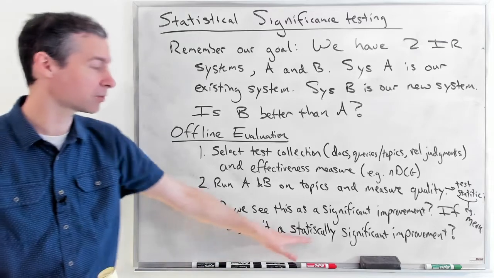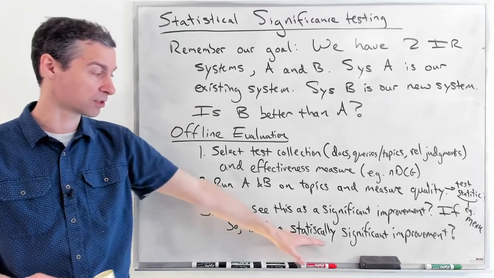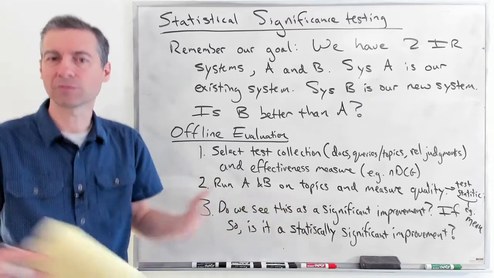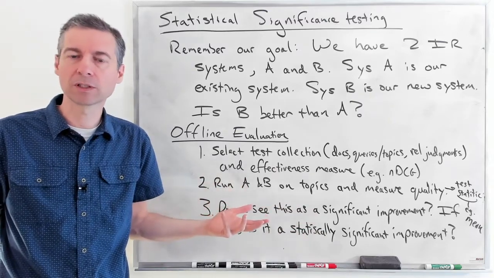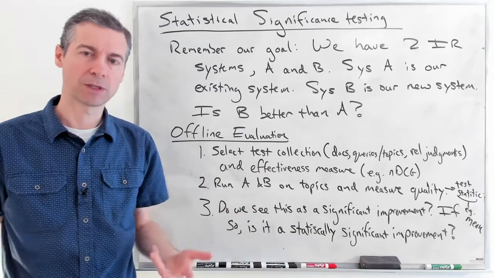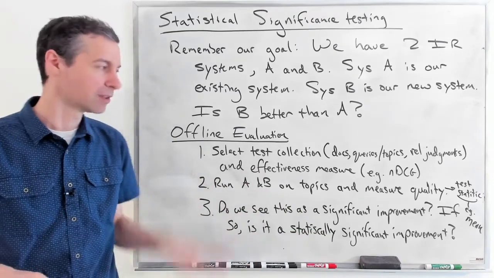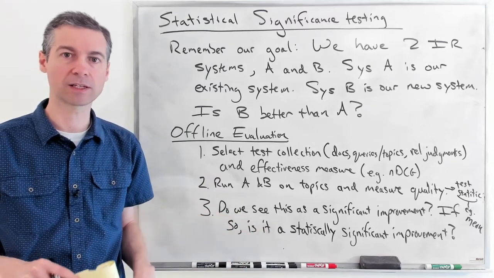That's what we're getting at. That's the question we want to resolve with our statistical significance test. Was it random luck that B was better? Or was it truly better, and how much faith do we have that it is? And that's what we're going to get at in this.